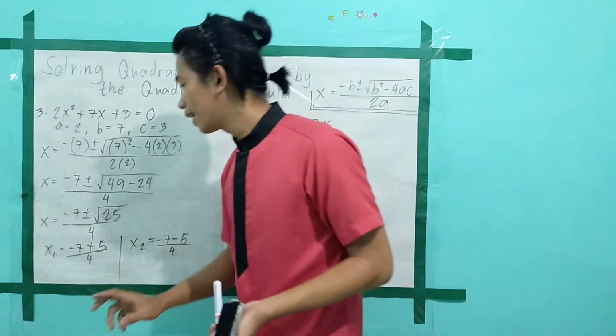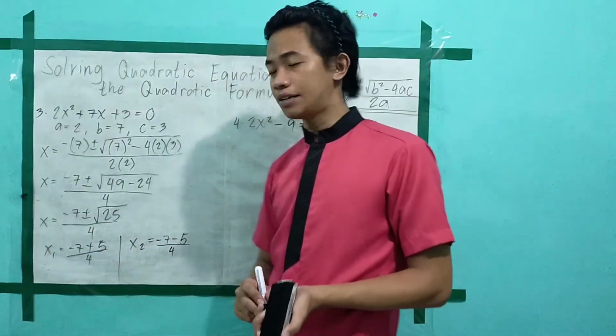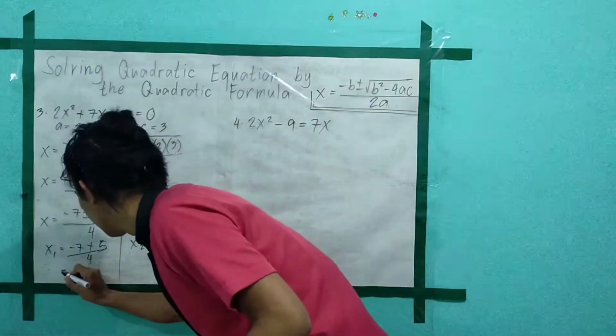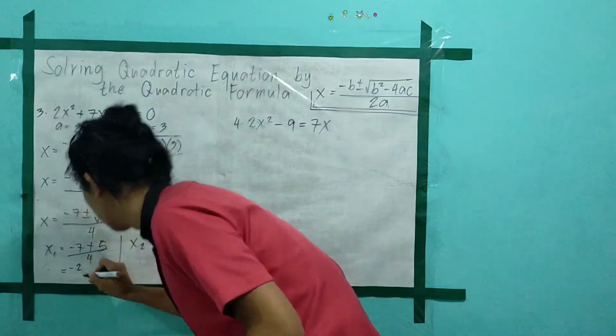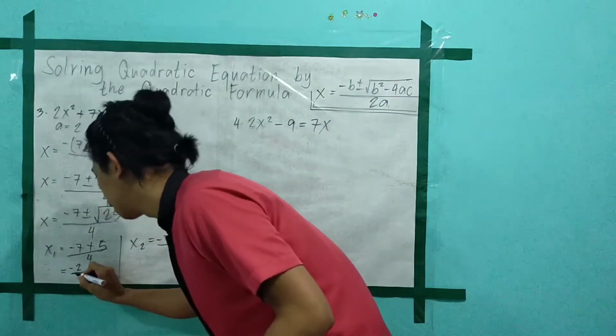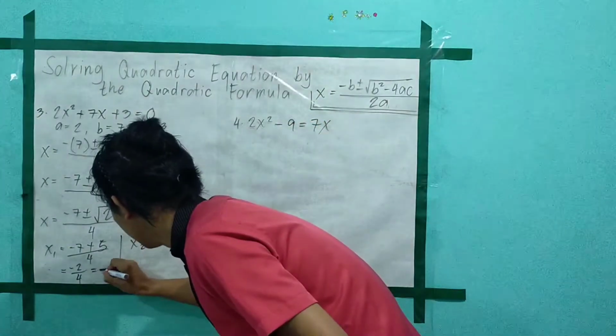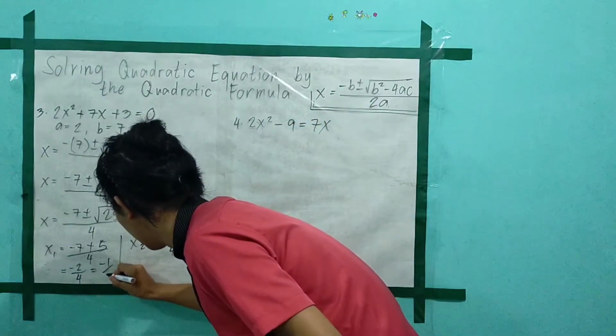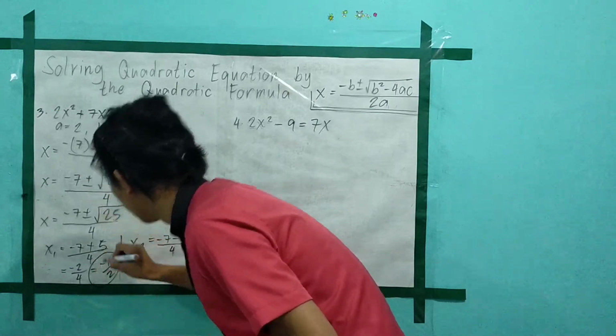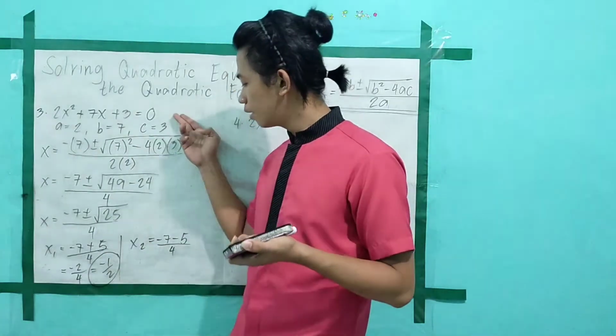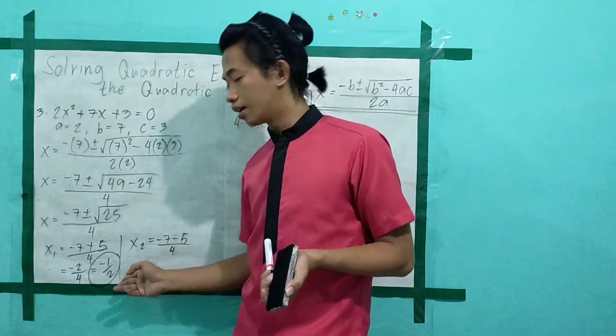So, simplify natin. Negative 7 plus 5. We have negative 2 all over 4. Okay, reduce natin. So, magiging negative 1 half. And, the first solution of this given problem is negative 1 half.